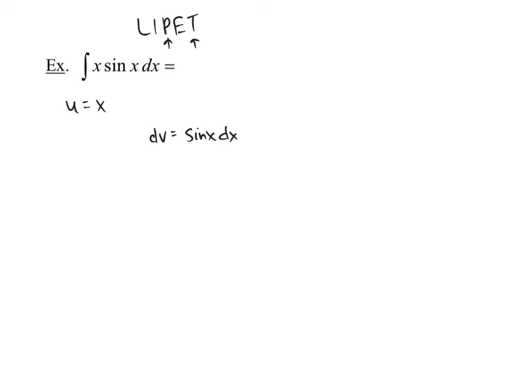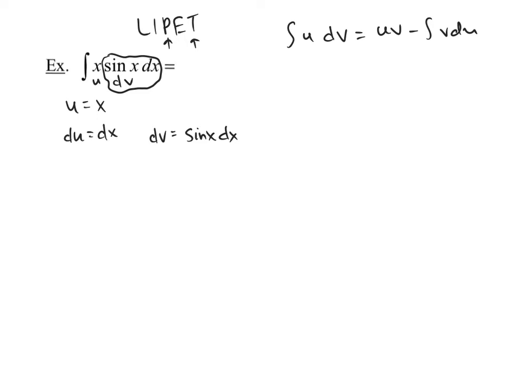So remember, the formula is the integral of u dv is equal to uv minus the integral of v du. You can see here, this is my u and this is my dv part right here. Now calculating my du, that's just the derivative of x, which is just 1 dx, and then v is going to be the antiderivative of sine x, which is negative cosine x.